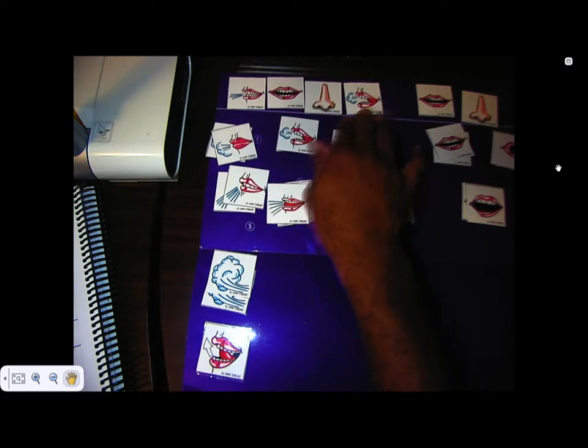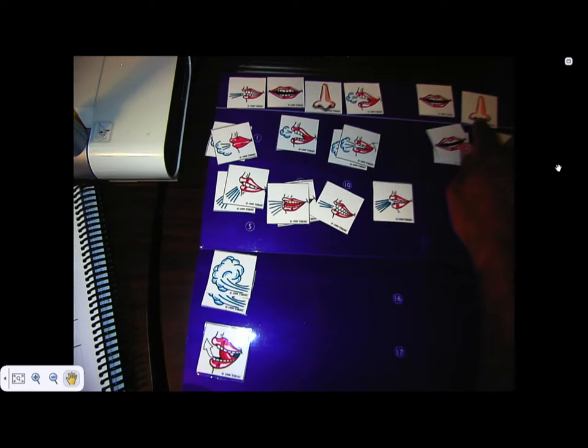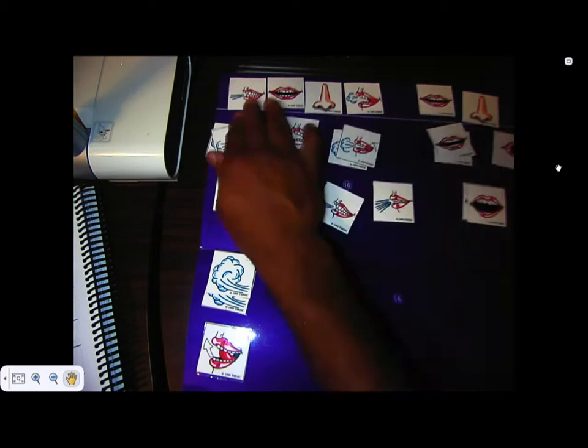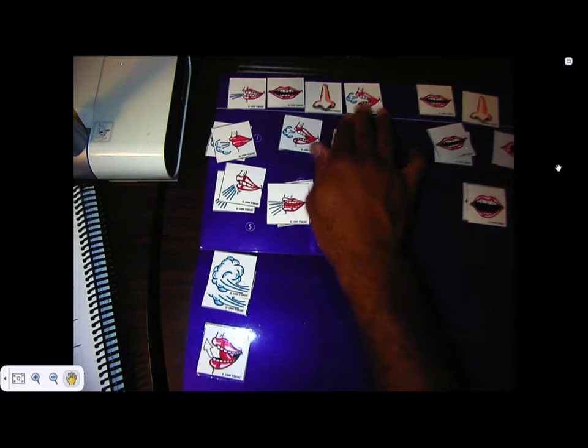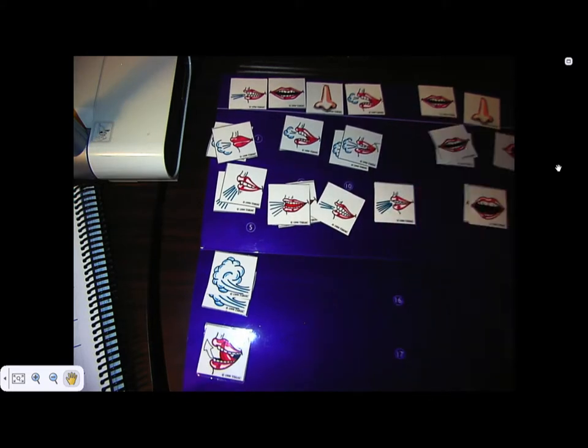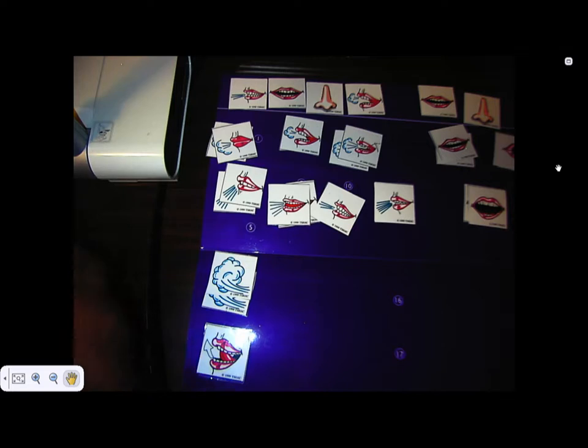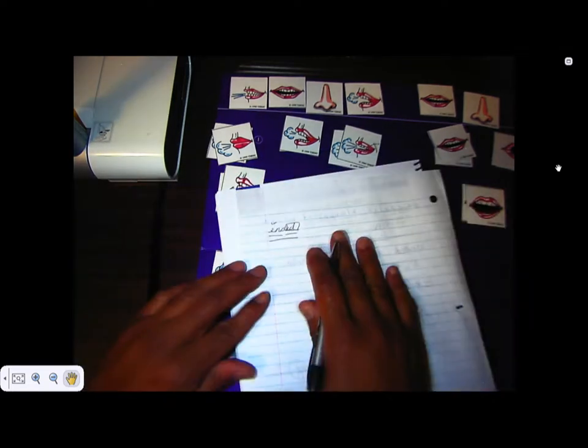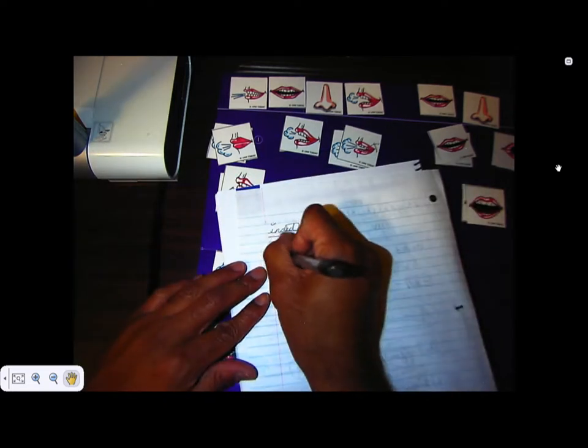And then our suffix is I, and this stands for NG. S-A-N-D-I-N-G. So now let's go ahead and write that on your paper. And if I'm doing it, so are you.